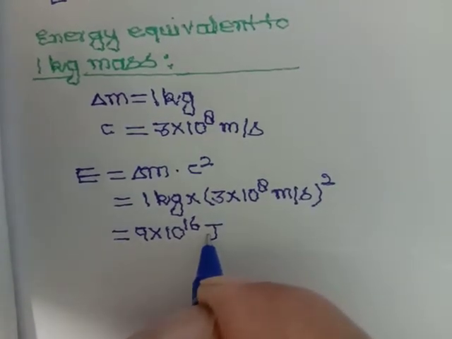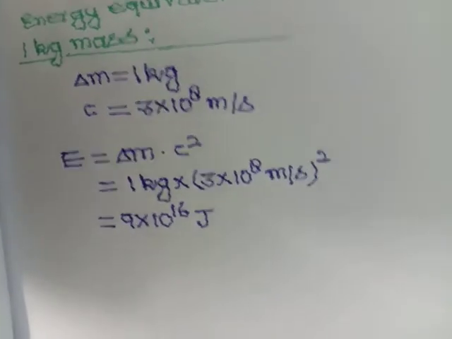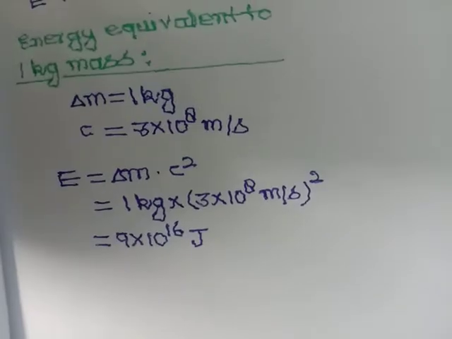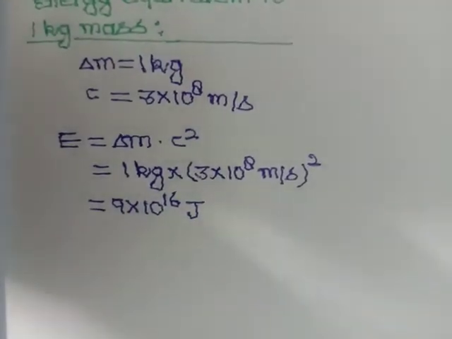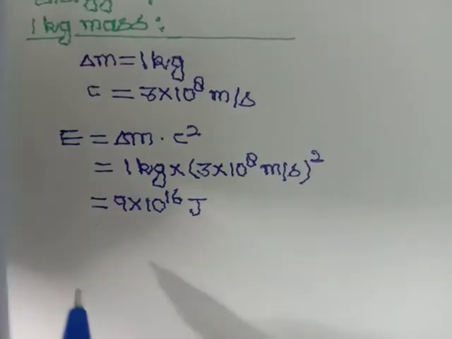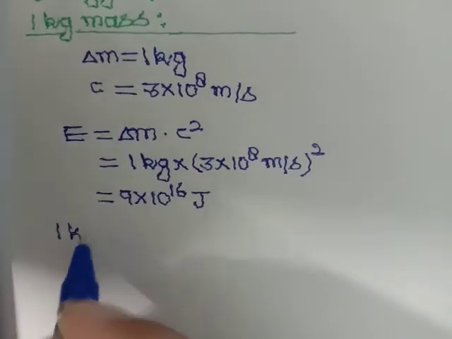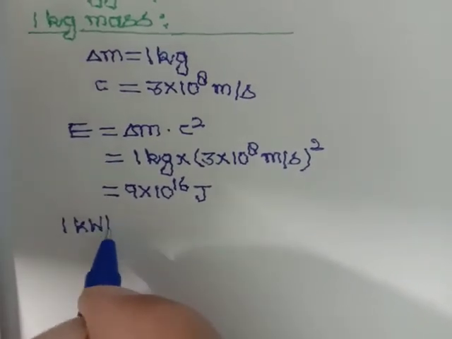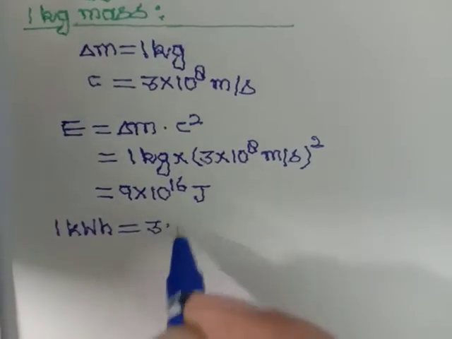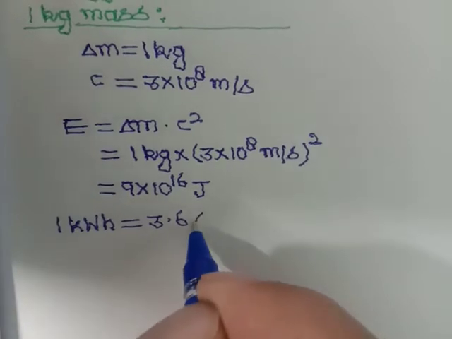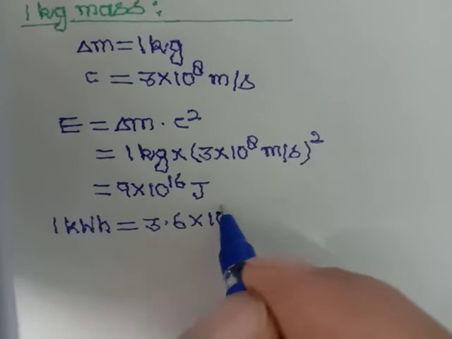Okay. Now if we want to convert it into kilowatt hour, then we know a relation that 1 kilowatt hour is equal to 3.6 into 10 to the power 6 joule.